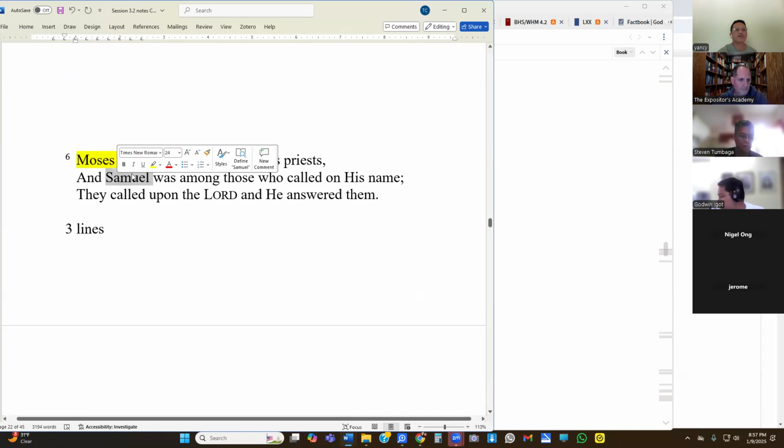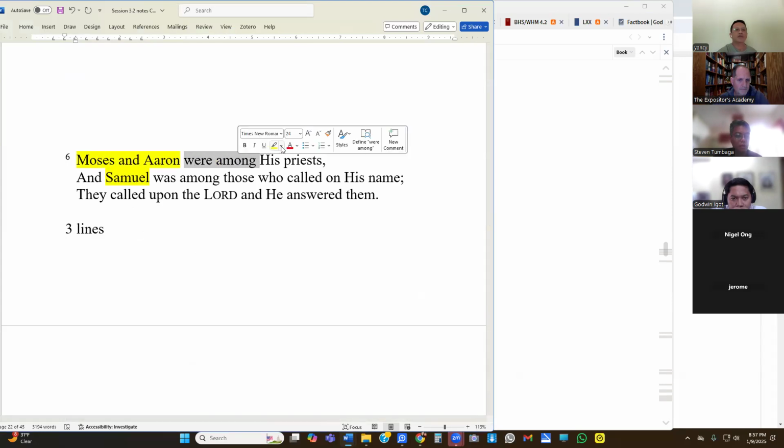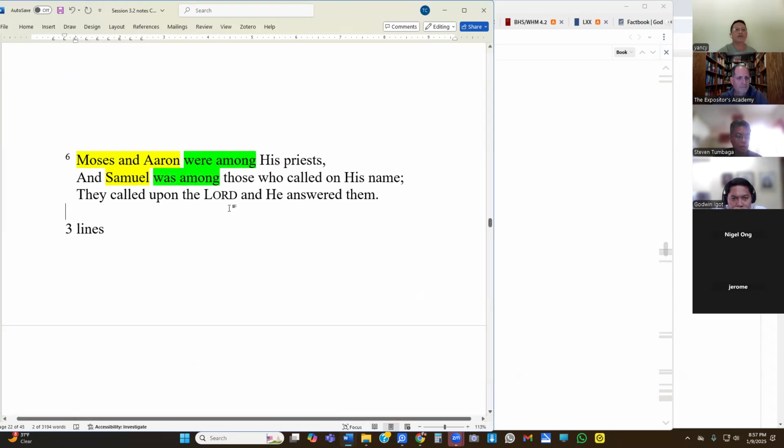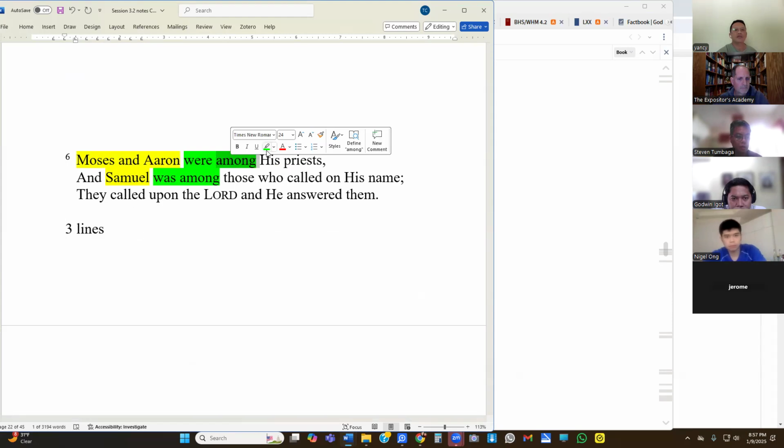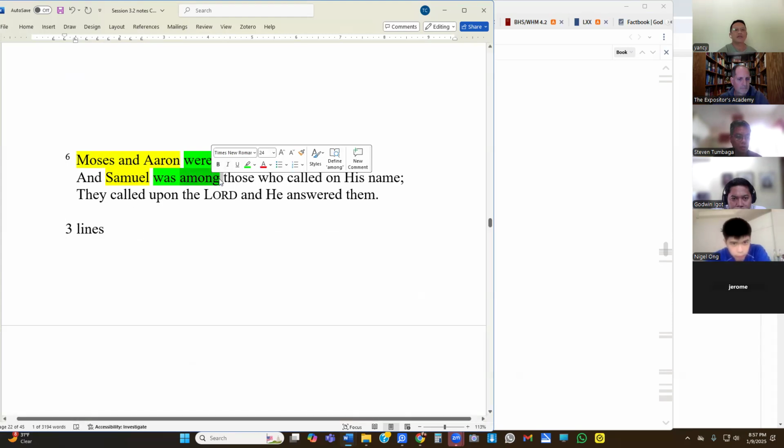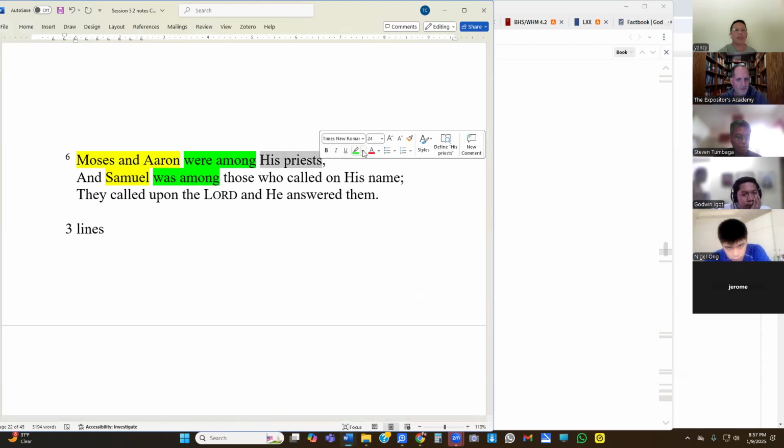Second line, the subject is Samuel. And the verb in the first line is were among, and same in the second. And the object in the first line is his priests. I would put among as part of the verbal idea.